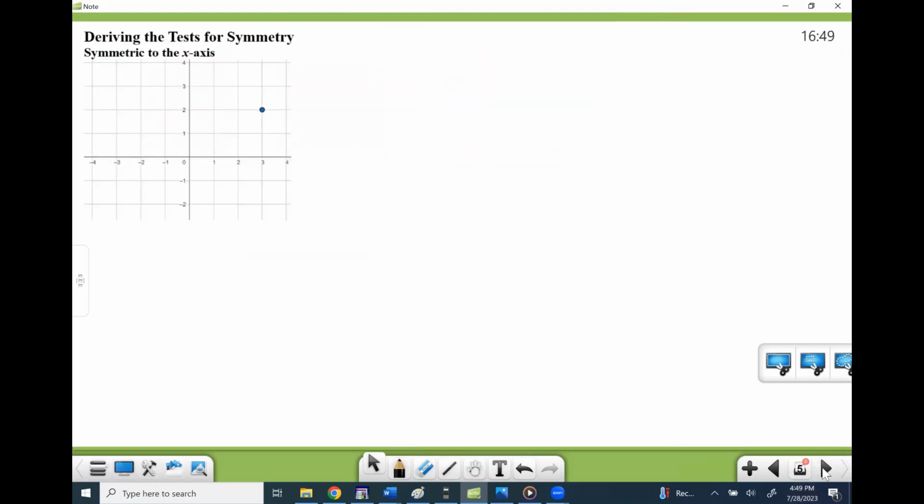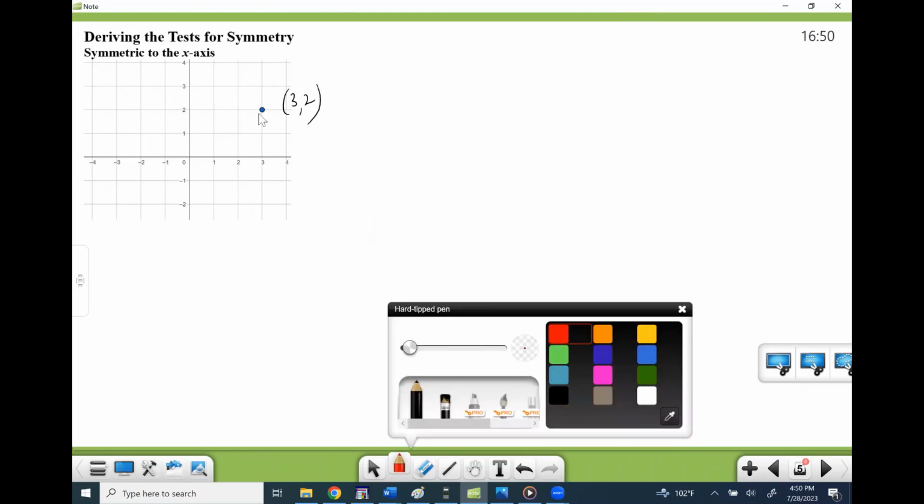So we're going to have ways that we test for symmetry in an equation where we don't have a picture. So we're just looking at the equation and we have to figure out. Now, in order for those to make sense, let's just take a look at a single point, and I think that's going to help us. So if this point is at 3, 2, which it is, and we have symmetric to the x-axis.